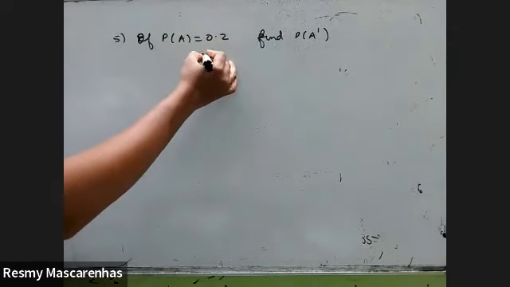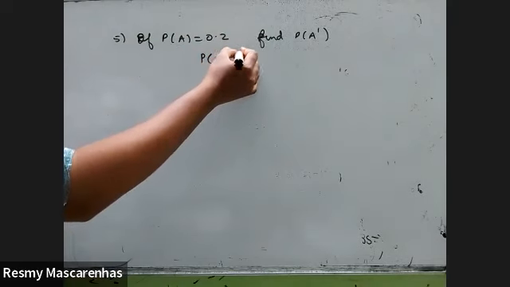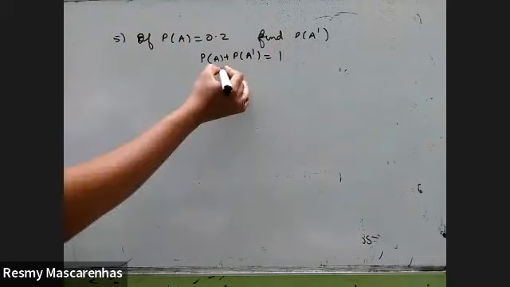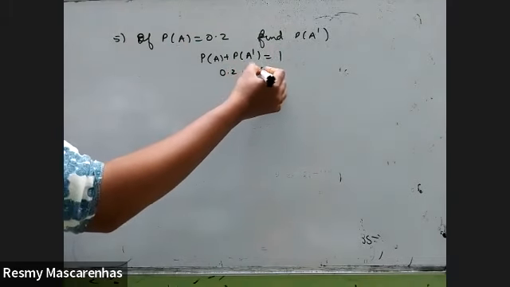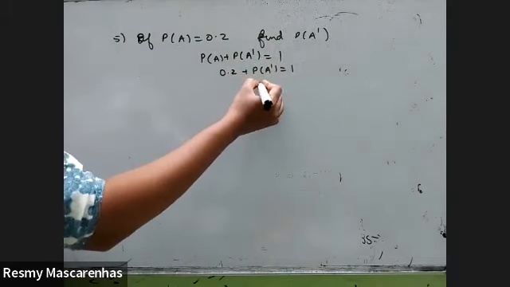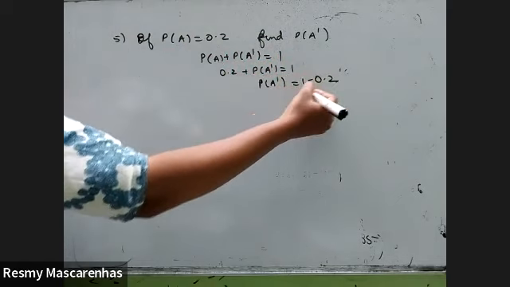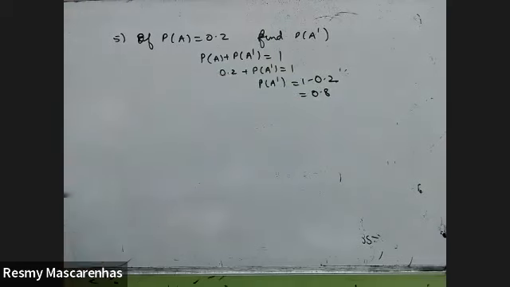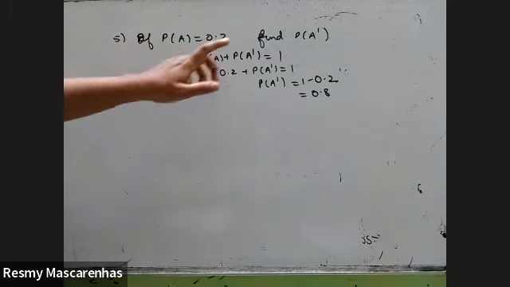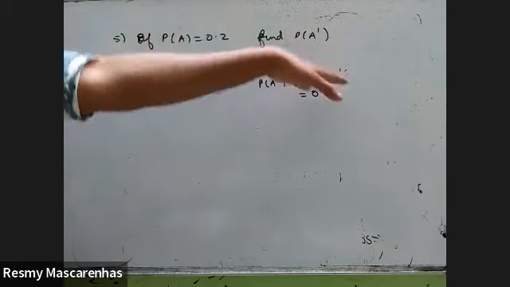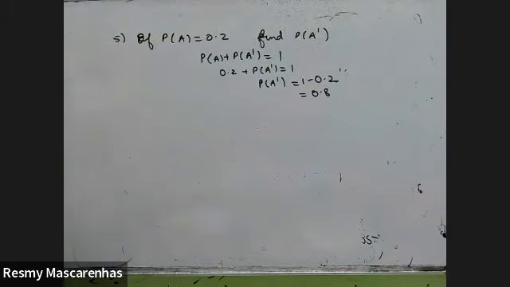So we know that P of A plus P of A dash is always equal to 1. So it will be 0.8. So if you want to find P of A dash, it's always 1 minus this. If you want to find this, it's always 1 minus the other one. So when you add both answers, you should get 1.